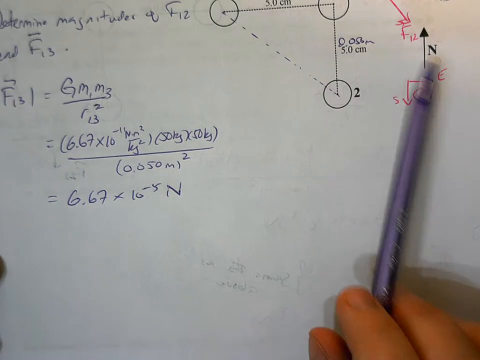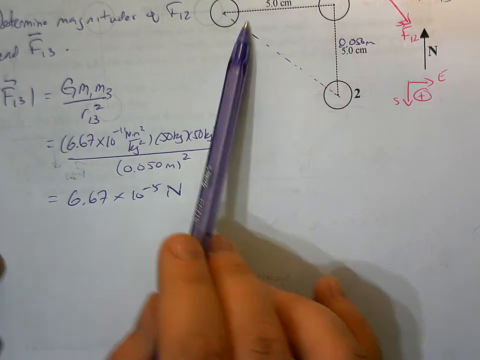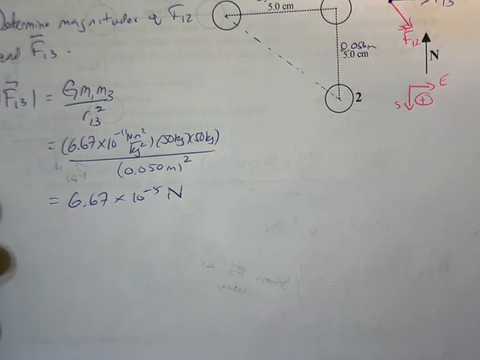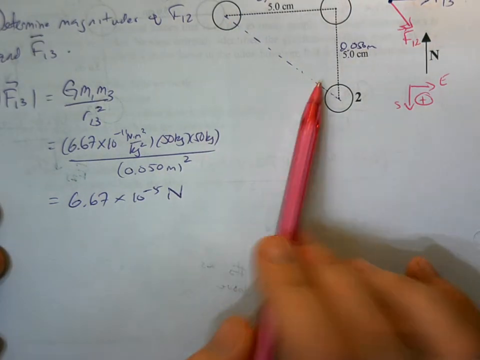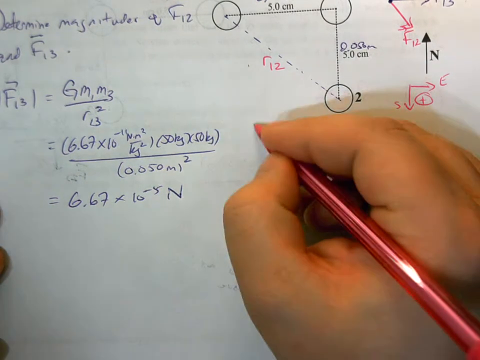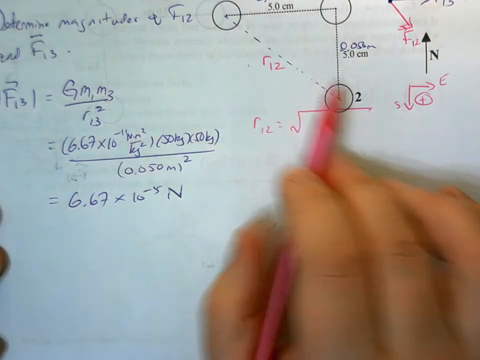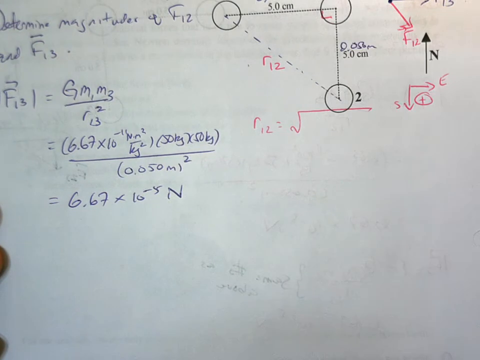F12, this one's going to be challenging because A, it's acting along an angle, and we also have to find that distance here. Well, that distance along here, this R12 is just going to be this squared plus this squared, square rooted, because this also forms a right triangle.